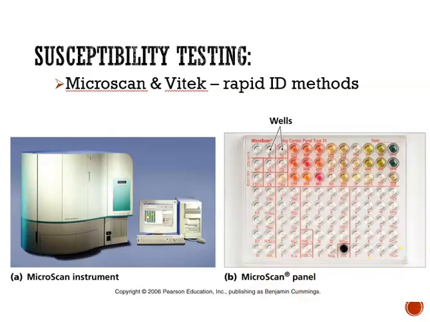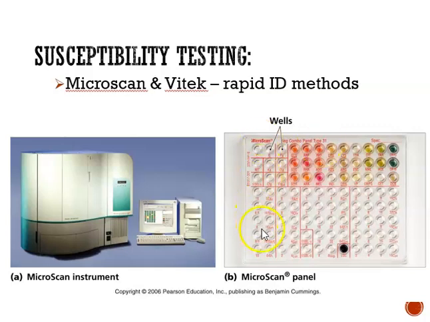This is a MicroScan panel. So you can see each one of these little wells here. I know this picture is too small in this video, but each one of these wells is labeled. So these color reactions that you see up here are the different biochemical tests and carbohydrate fermentation tests that the instrument is performing on this organism.